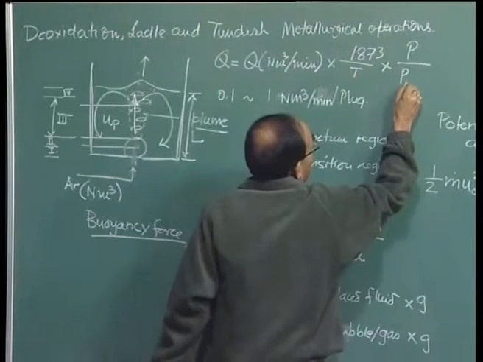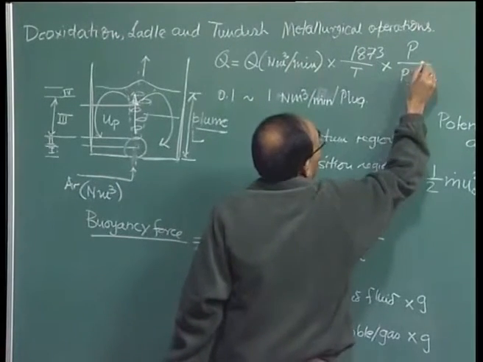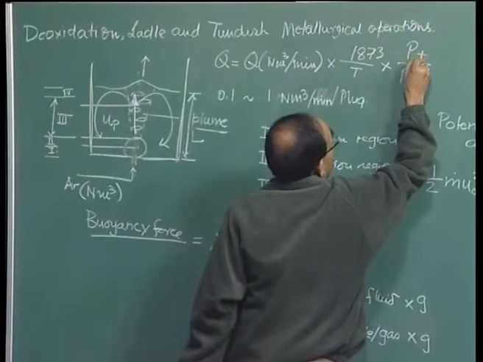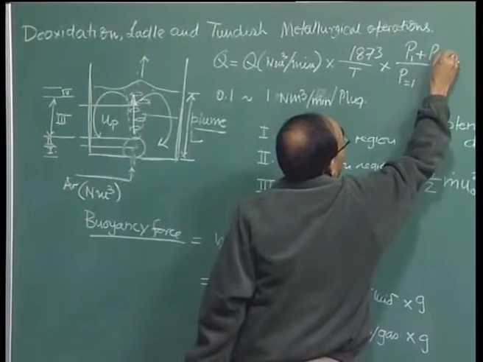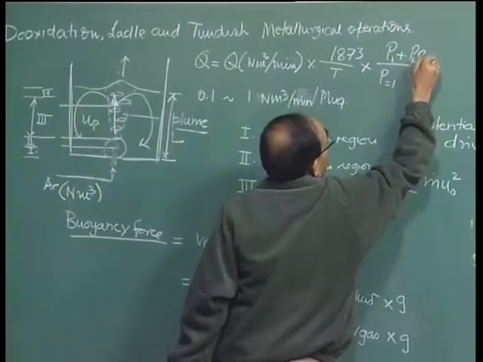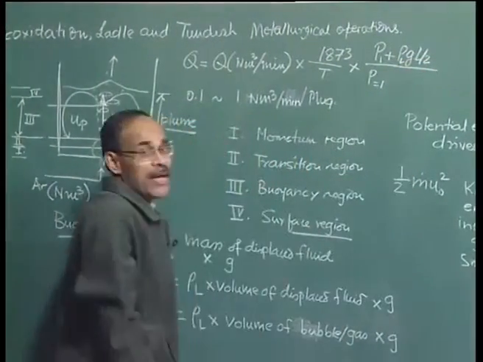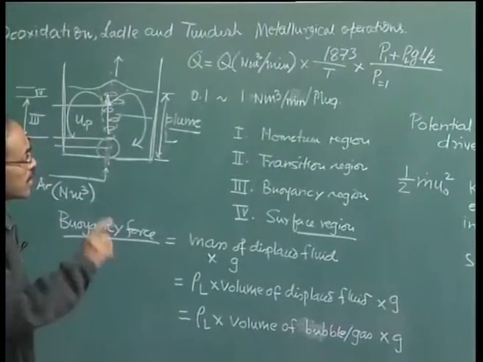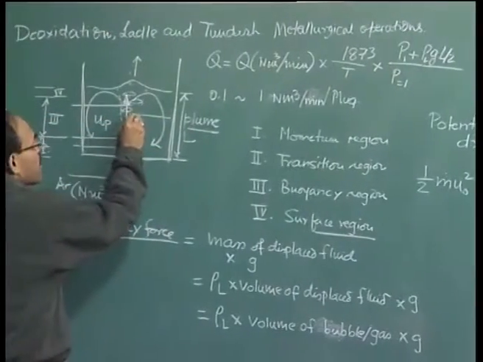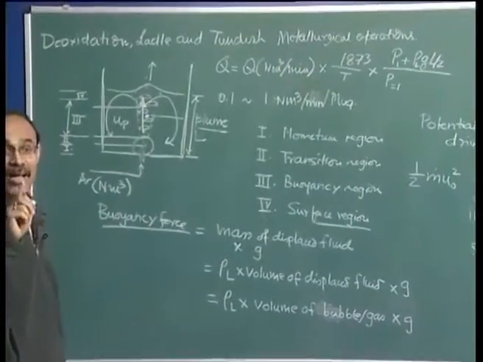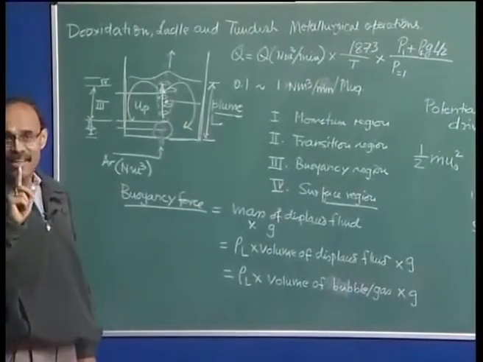So P is equal to 1, and this is equal to P plus P1 plus rho G L into L by 2. I have taken L by 2 to state specifically the reference pressure, because volume is not defined unless I categorically mention the pressure and the temperature.